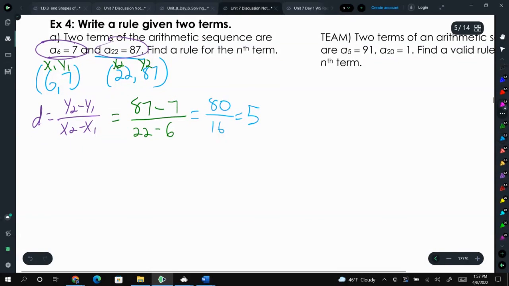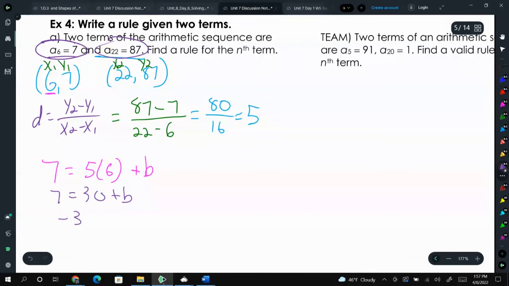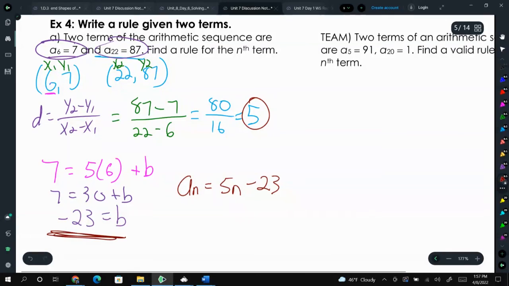So now I'm going to do 7. 7 is equal to my common difference, 5 times 6, because that's my point, plus b. So 7 equals 30 plus b. Subtract 30 from both sides. Negative 23 equals b. And that would make my explicit formula a sub n equals 5n, because that's my common difference, minus 23. That is my b value here.